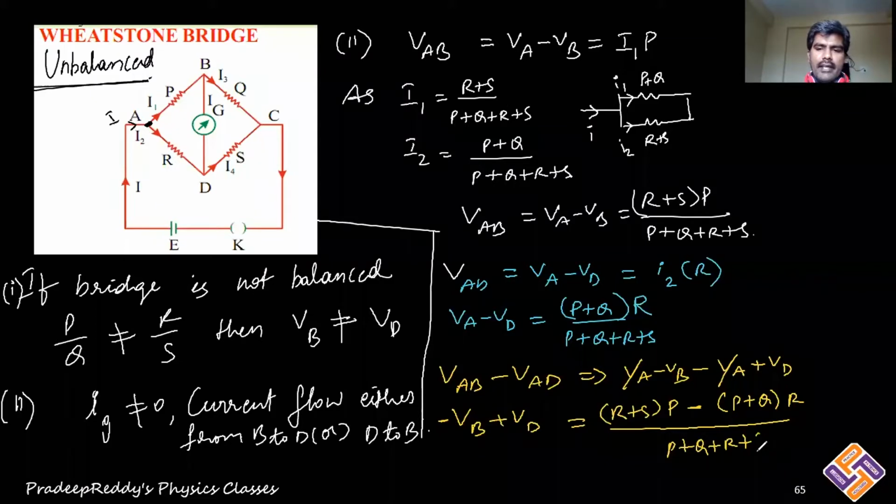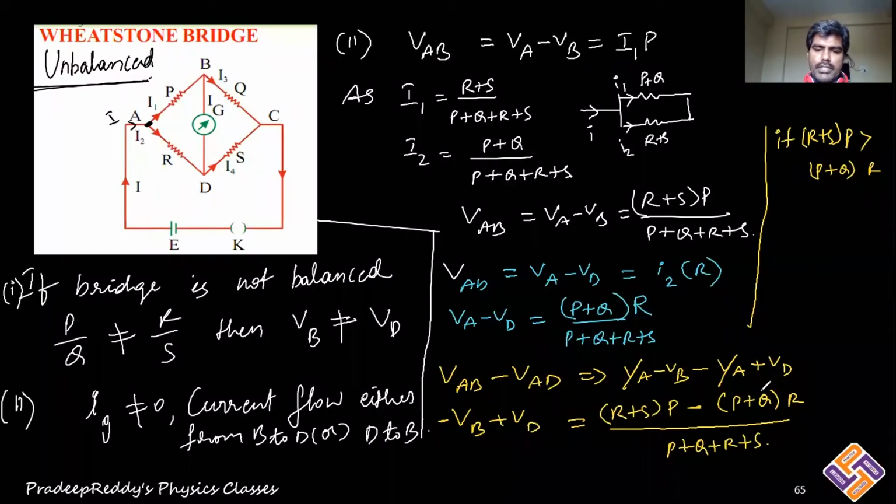Clearly, in this expression, you can understand, if you are given these resistors P, Q, R and S, all those values are known, because in the problem itself they will be giving you the resistor values. So clearly, if (R plus S) into P is greater than (P plus Q) into R, then in such case this will be positive.